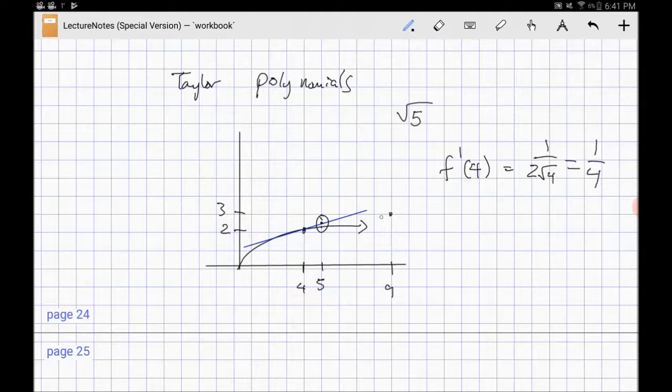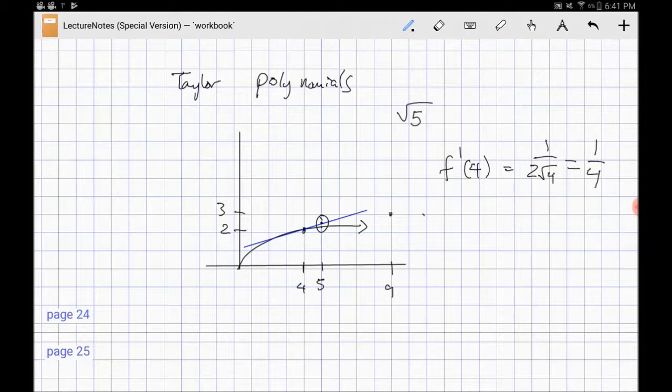So we know the slope of our line is 1/4. And in order to create a line, we need one slope and one point, because every unique line has its own slope and passes through a specific point.